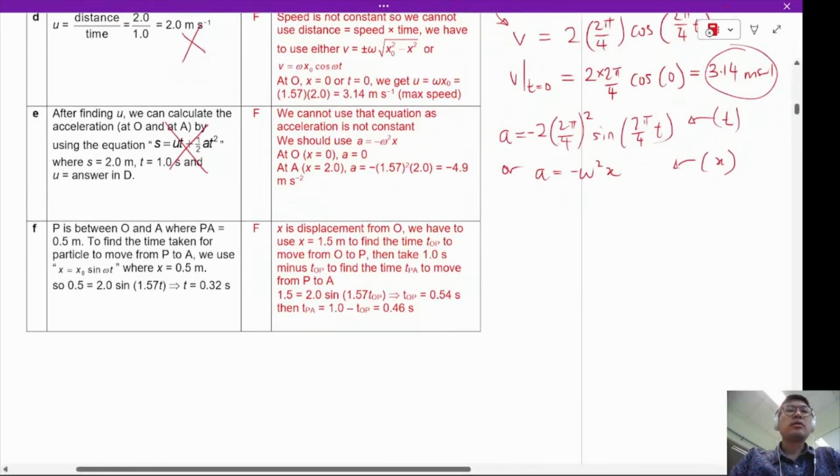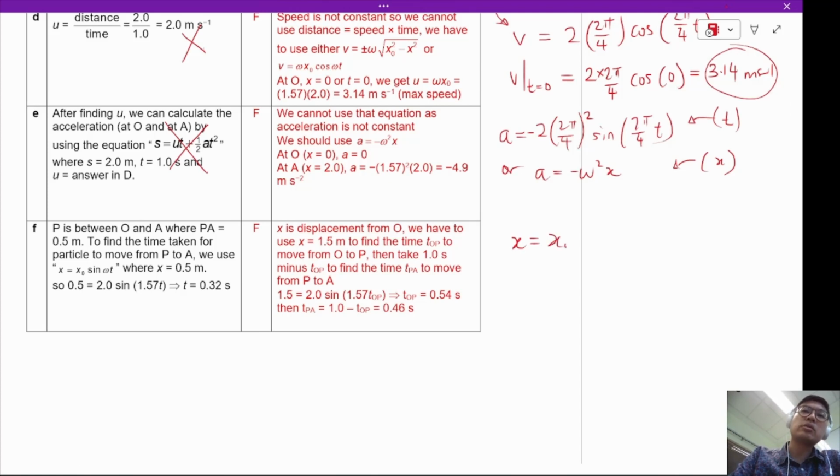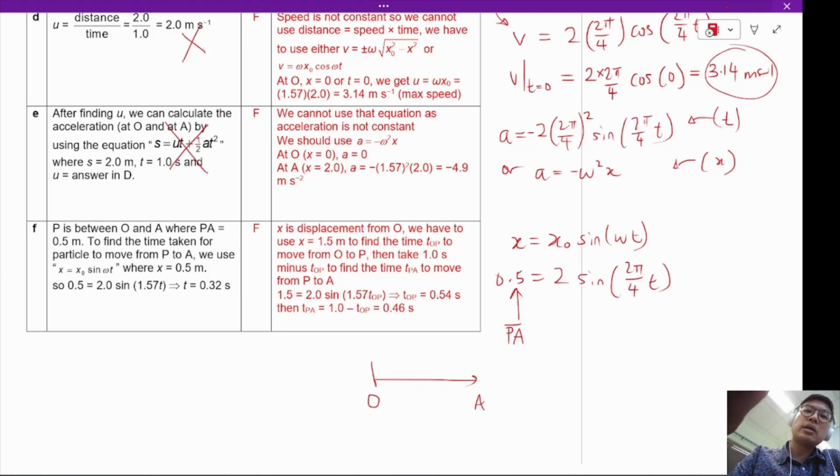So it says that to find the time taken from P to A, we use x equals x naught sine omega t. So I put 0.5 equals 2 sine 2 pi over 4t. Is this true or false? Now this is definitely false because this is the distance PA. This is O, this is A, this is P. The distance PA is 0.5, but that's not the displacement.